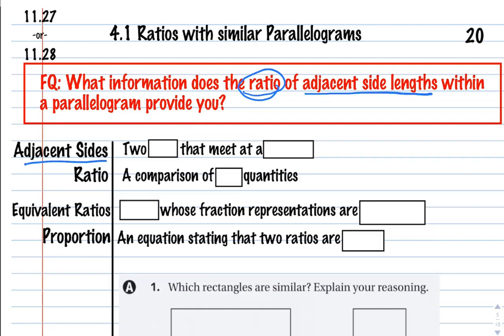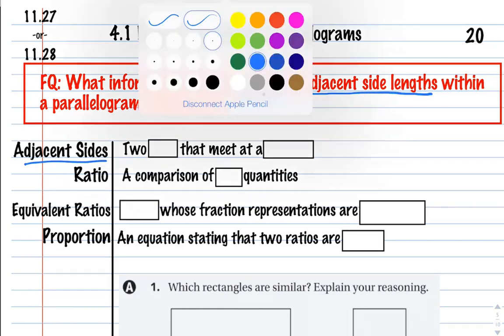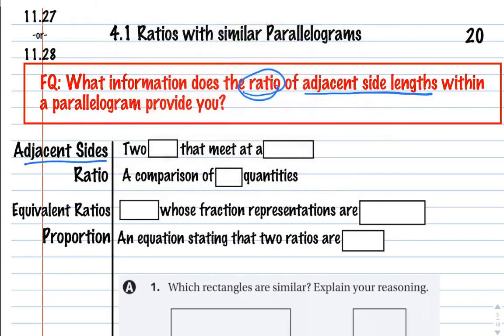What do the side lengths tell us about these items? Adjacent side lengths: the words we're looking for here are going to be two sides that meet at a vertex.